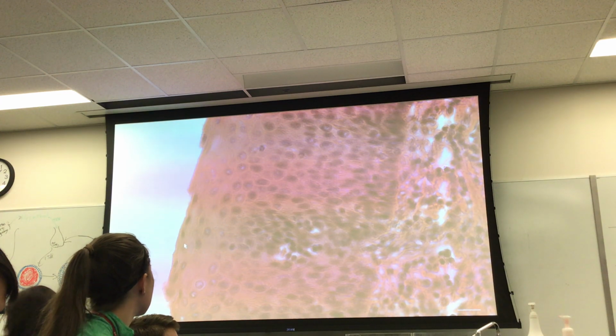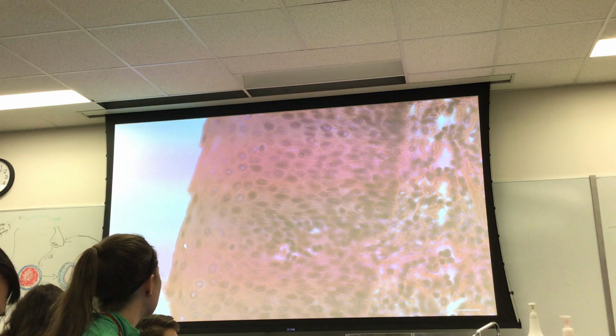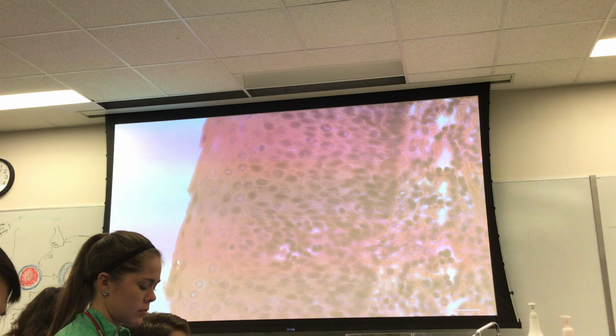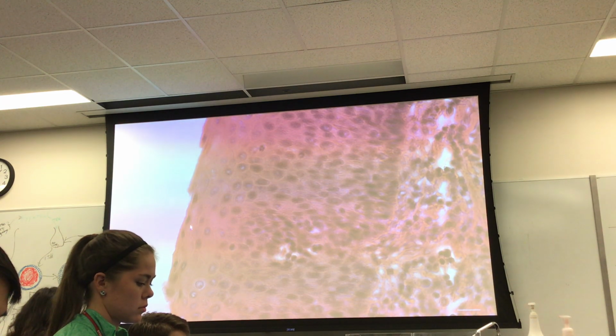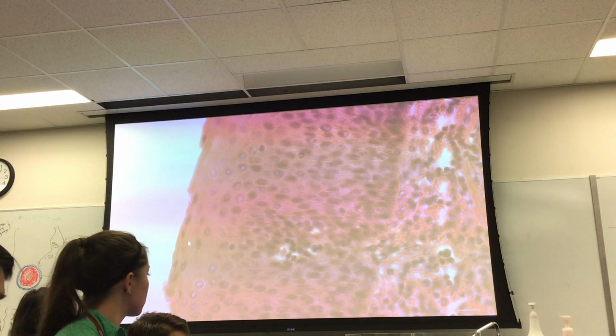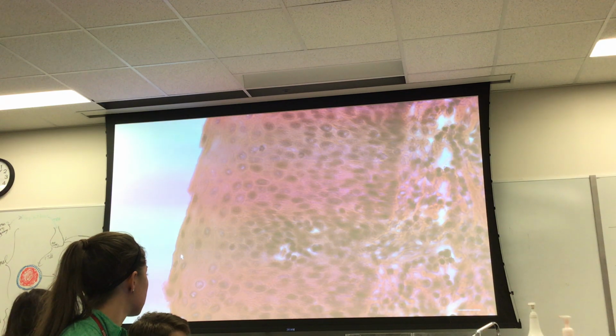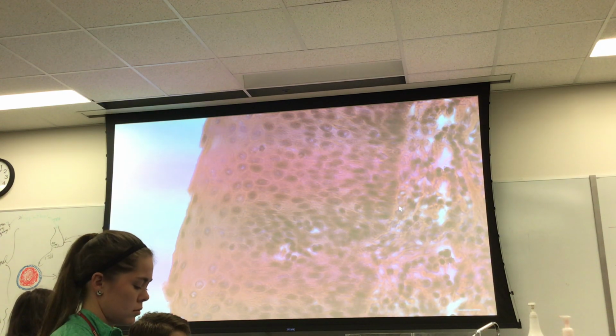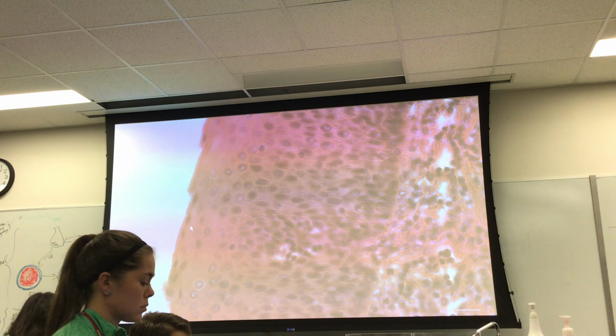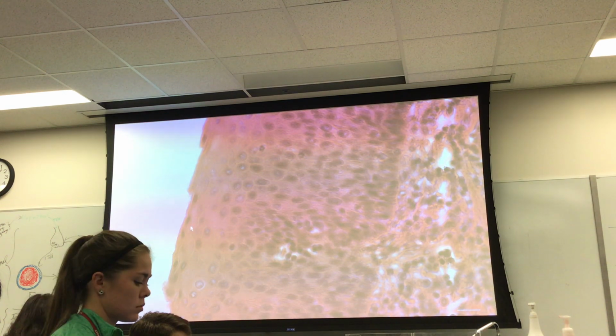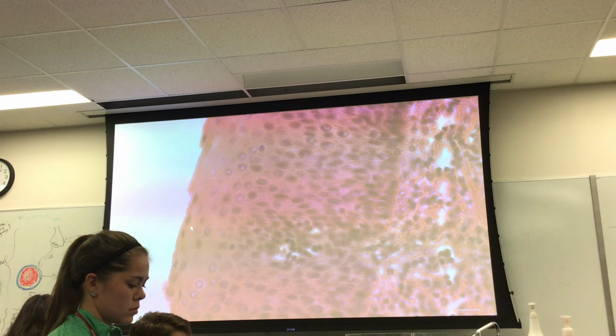Stratified squamous. If it was transitional, these surface cells would have to be a lot more columnar looking, but simply on their side, long axis parallel to the basement membrane. So this is stratified squamous. Of course, incompletely characterized. Okay?